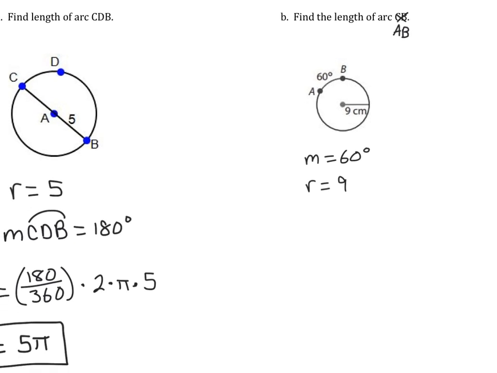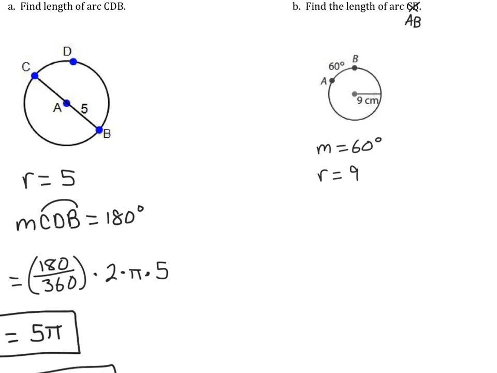So we have everything we need for that formula. So again, s equals 60 over 360 times 2 times pi times r, which is 9.